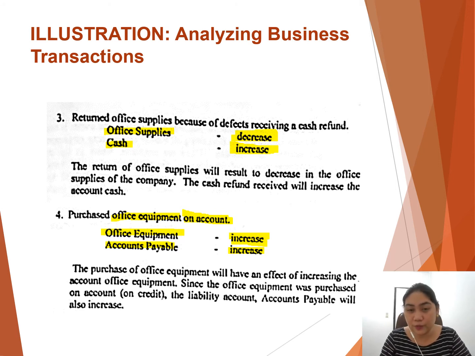Walang rule na ganun. Pwedeng pareho silang increase, pwedeng pareho silang decrease, pwede rin naman na yung isa increase, yung isa ay decrease. Okay? So, anong kailangan mo talagang gawin? You really need to analyze the transaction para masabi mo kung nag-increase ba or nag-decrease.